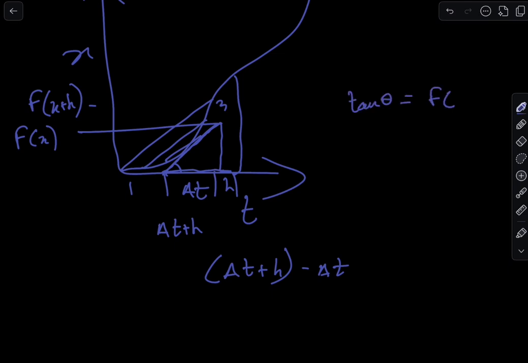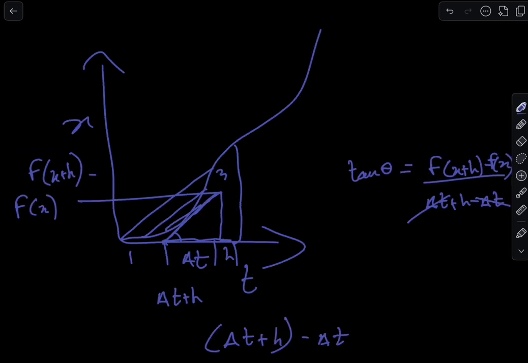So that would be f(x plus h) minus f(x) divided by delta t plus h minus delta t, and we get h in the denominator. Actually, this would be f(t plus h) and f(t), because we have described our displacement in terms of time.